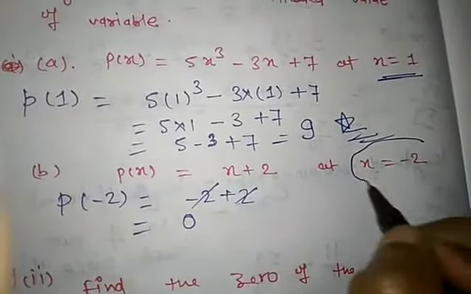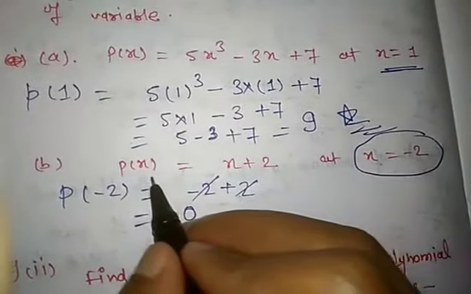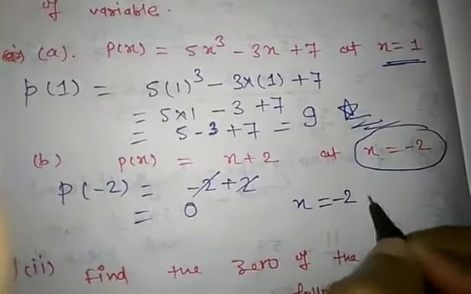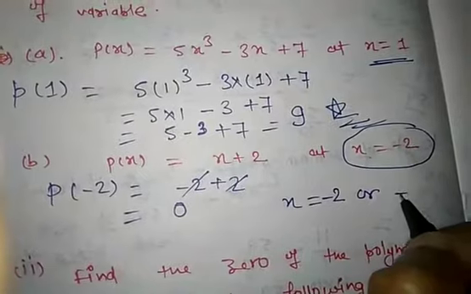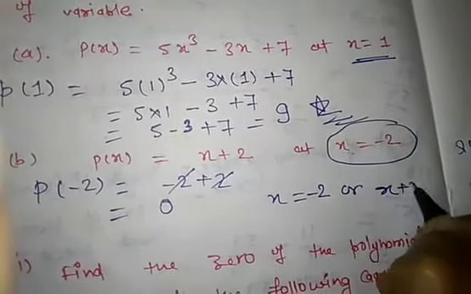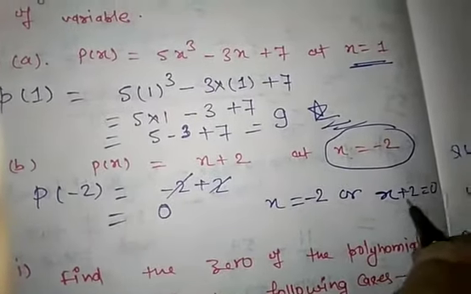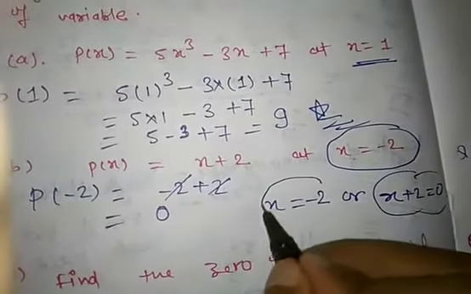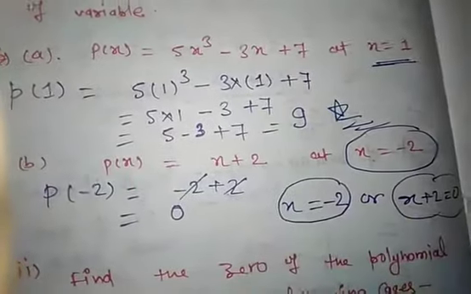At x equal to minus 2, we find the value of the polynomial is 0. So x equal to minus 2, or x plus 2 equal to 0, is the zero of the polynomial. This is the zero of the given polynomial.